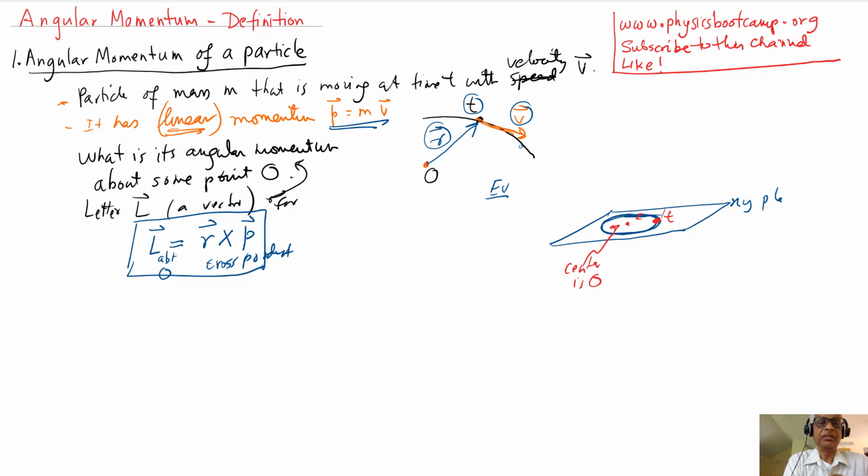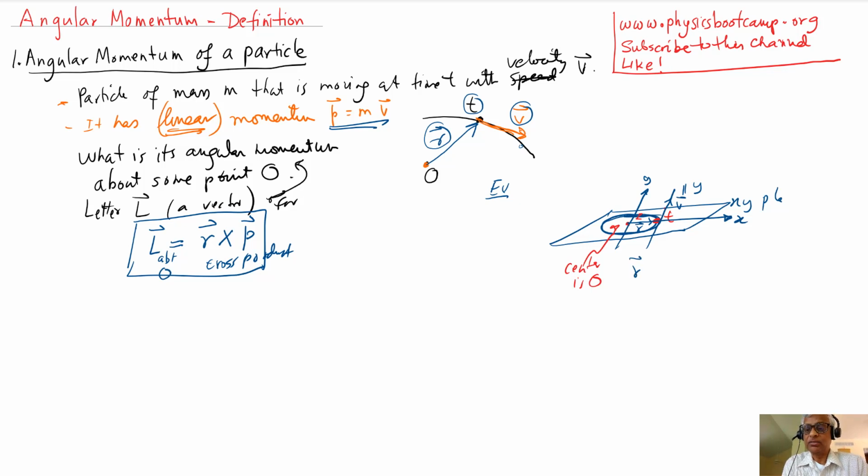So let's look at the directions. Say this is the x-axis, the velocity will be parallel to the y-axis. That's the direction for velocity, and this is r, and this is v.